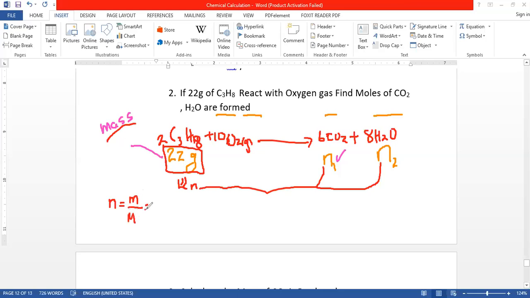How much is the given mass? 22 gram of C3H8. The molar mass of C3H8 is not given, but it should have been given. I also didn't give it, right? You know how to find the molar mass of C3H8. I am coming here, look here.